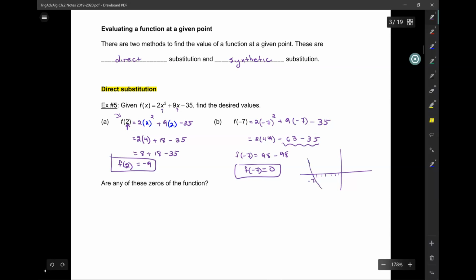Okay? So it crosses the x-axis here. So that means x equals -7 is a zero of the function. Okay, so that, and we knew that because we got 0 here.